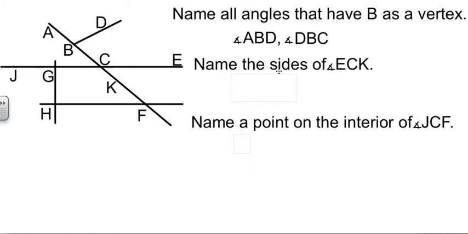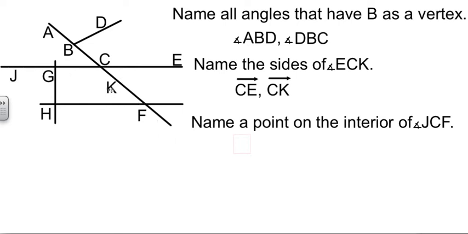What are the sides of angle ECK? That would be the two rays, ray CE and ray CK. And then they want us to name a point interior of angle JCF. So we need a point that's on the interior of this.